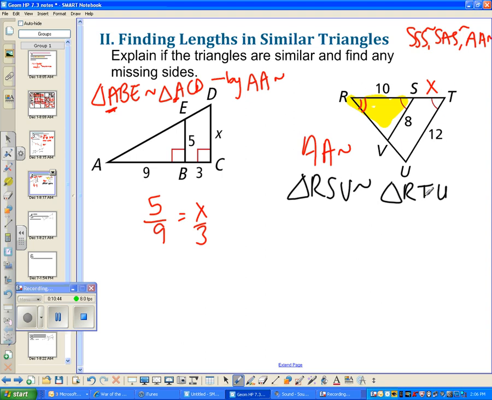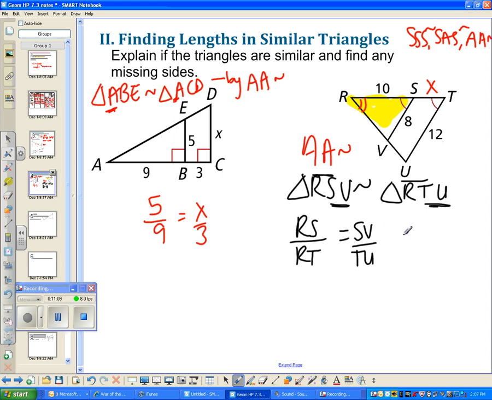So now I know my similarity statement, and I can begin to use proportional sides. So, for example, RS corresponds to RT. And now I can use another side. I know about SV. So SV corresponds to TU.